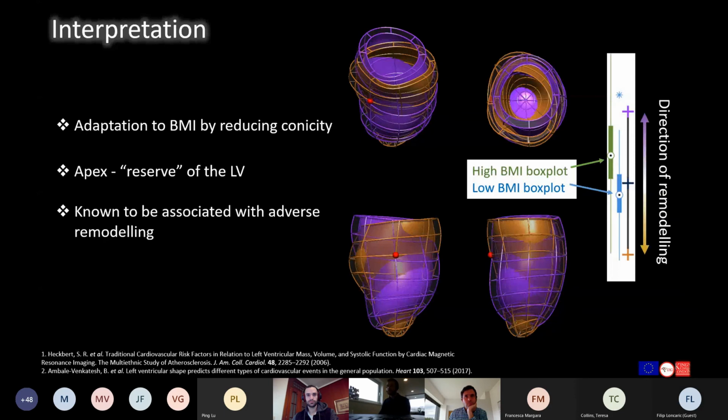And also we checked with the other modes, and we tried to scatter the correlations between the different modes, and we saw that there is a correlation between the mode related to tilting and the mode related to the conicity and the convexity in the septum, in a way that we can tell that indeed this is the mode that's related to the obesity.